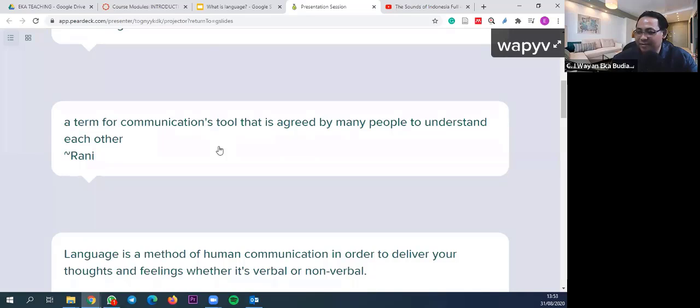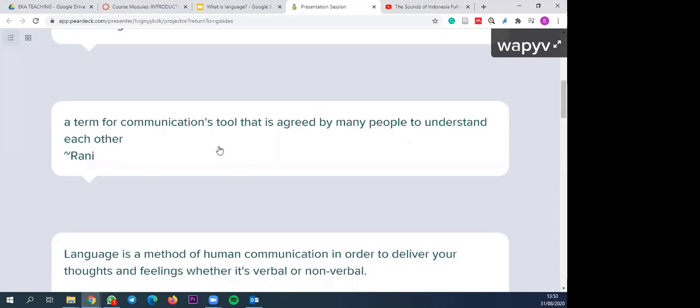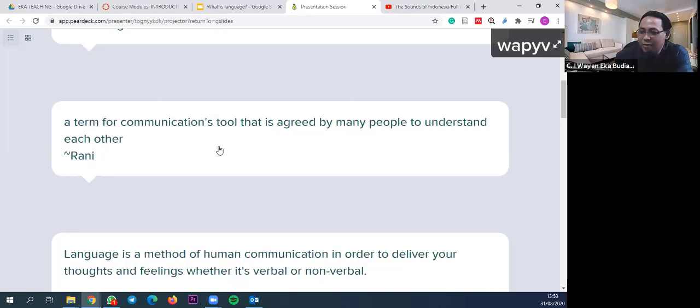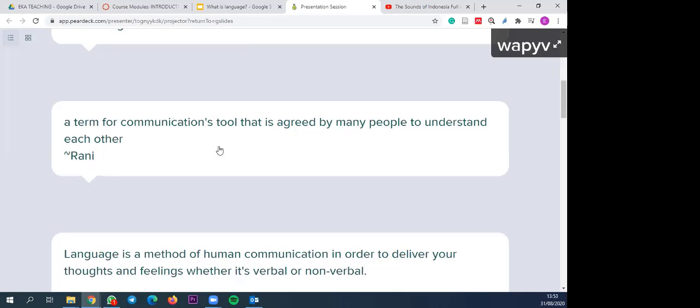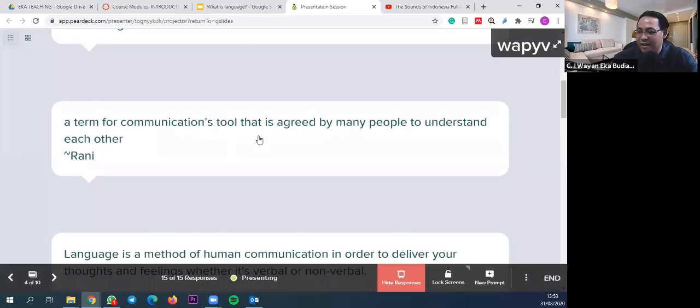So I thought that language is a transmission tool. Yes. So language is a kind of transmission. You mean like a tool for communication, agreed by people. Yeah. Again, that's part of the arbitrary nature, then.